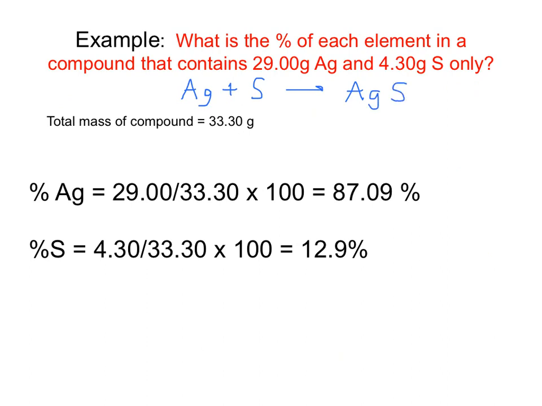Since I know silver is 29 grams, and sulfur is 4.30 grams, I know that silver sulfide has to be 33.30 grams in mass. According to the law of conservation of mass, mass is conserved in a chemical reaction.